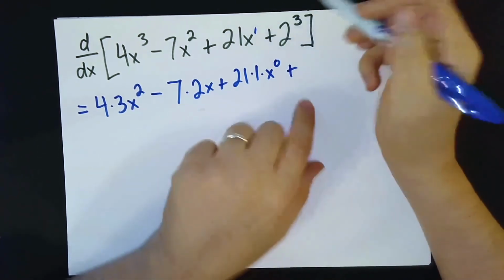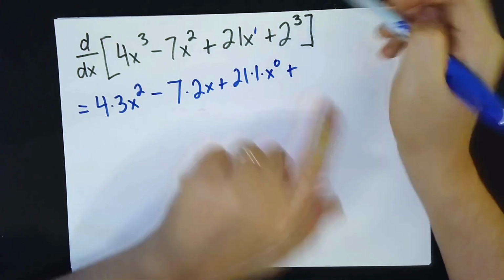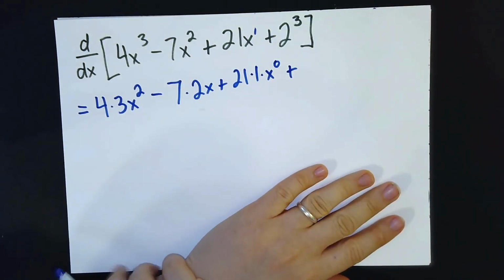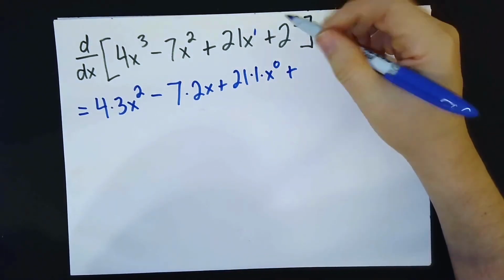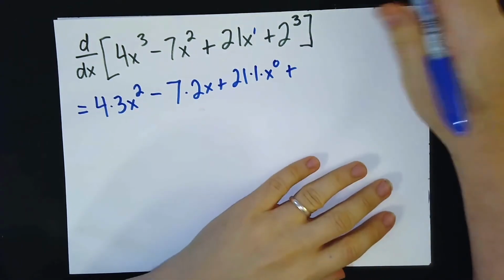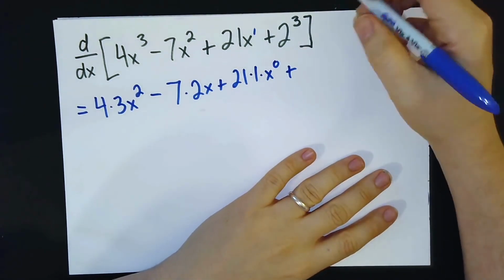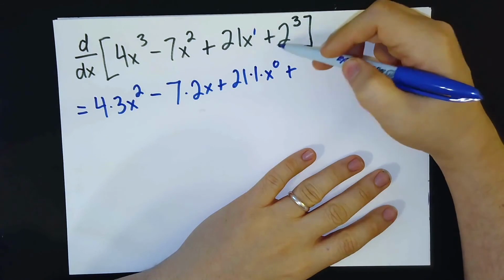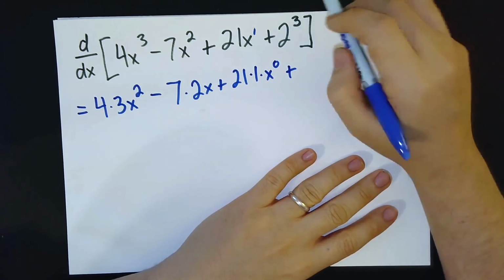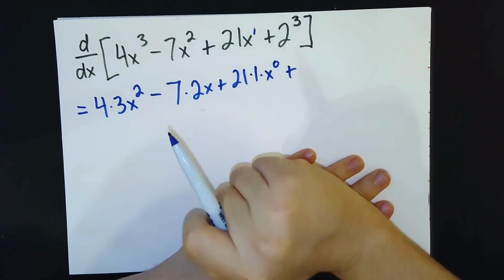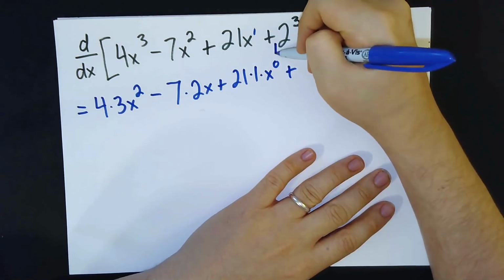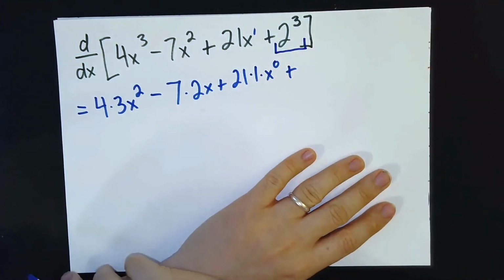Plus, and then the derivative of 2 cubed. Now, when you see a 2 cubed, there might be some temptation to think of this as, okay, well, I'm going to pull down the 3 and get 3 times 2 squared. But note, this has been written in a slightly tricksy way. Namely, this 2 cubed is just 8.